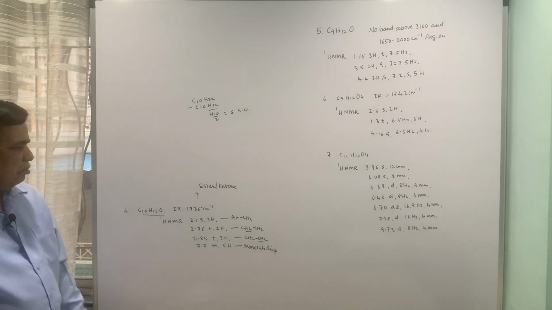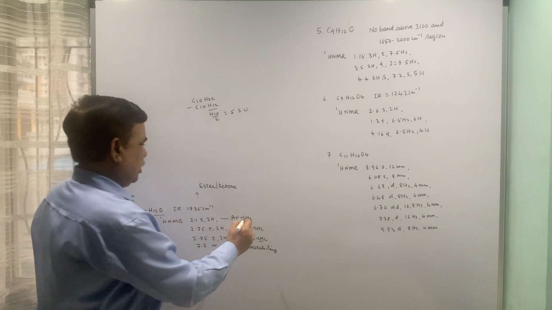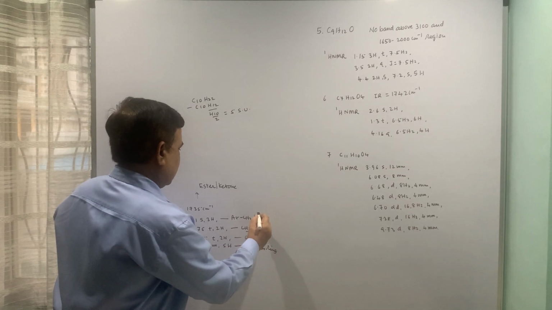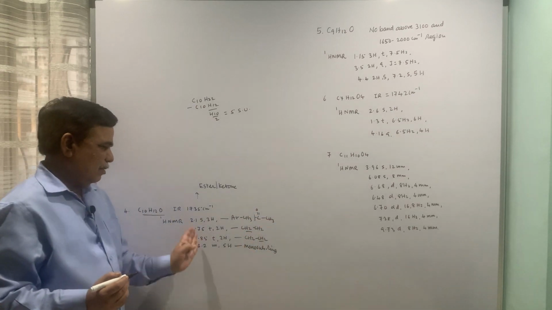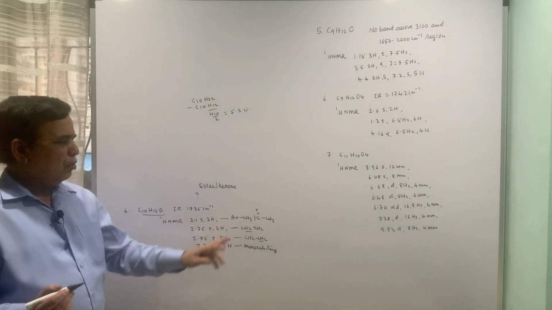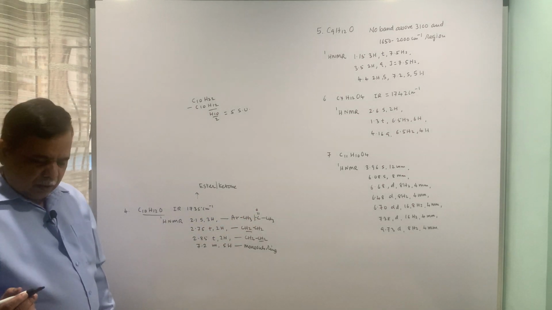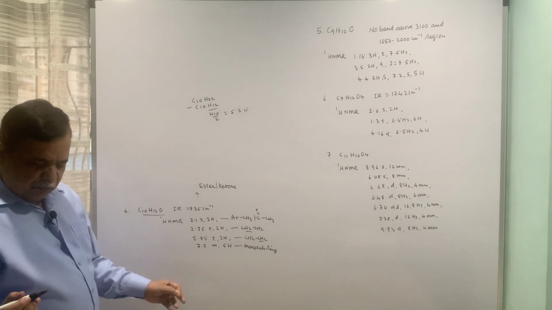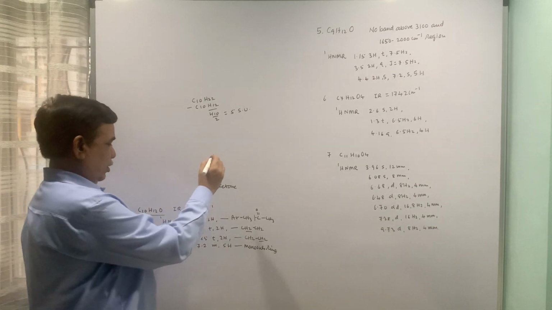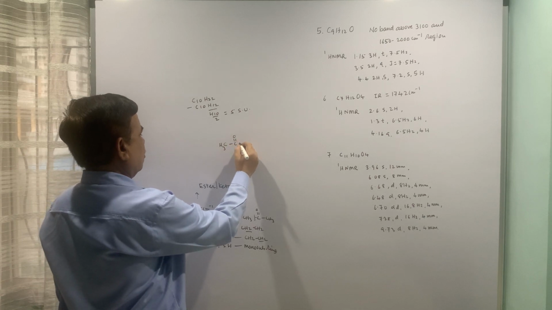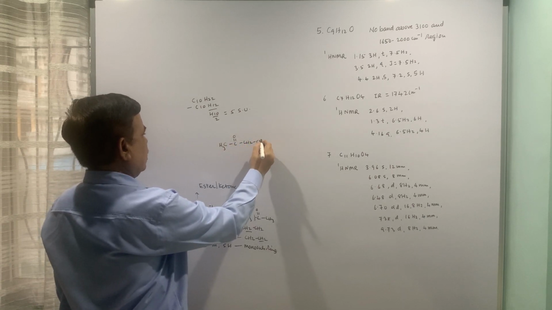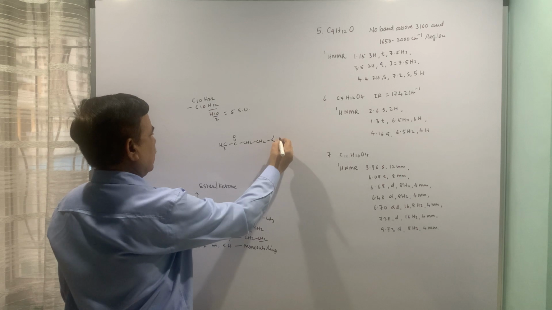Instead of this, it can be COCH3 also, because 2.1 is closer to COCH3. So we have to see the structure: CH3CO, CH2CH2, and then the aromatic ring.